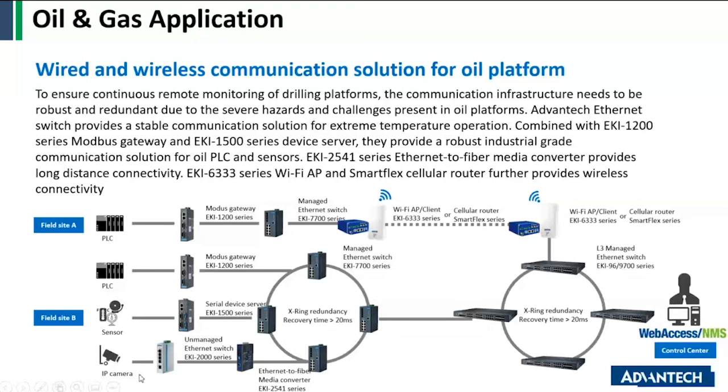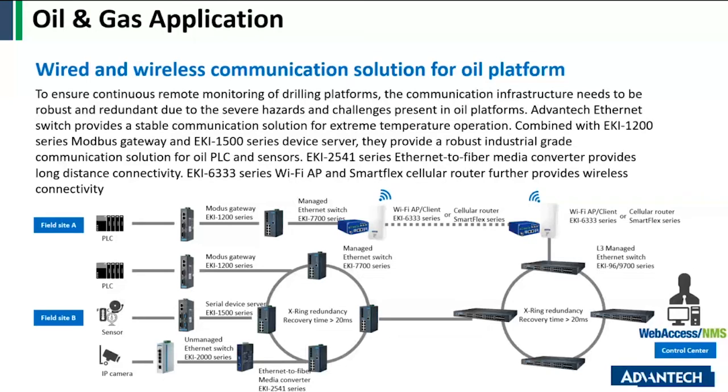They communicate to our EKey networking devices. And in this application, they chose the managed switch and unmanaged switch, media converter, and the mobile gateway to connect to the different devices from the field side.